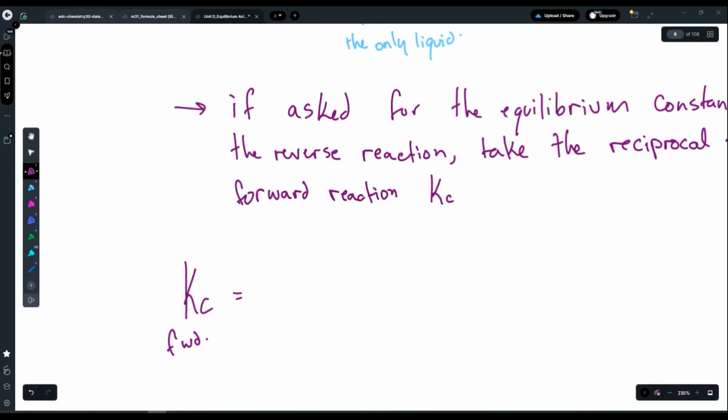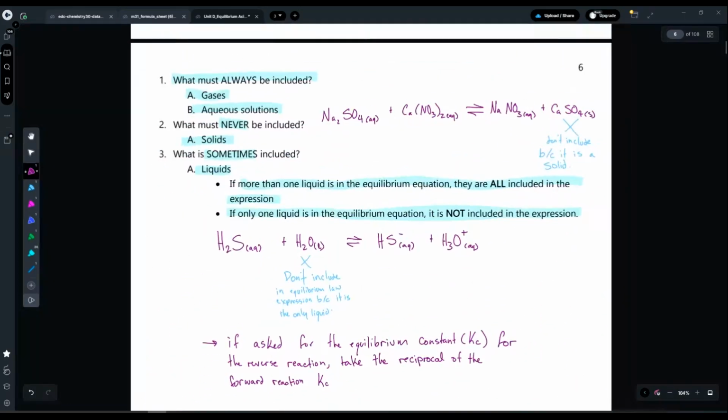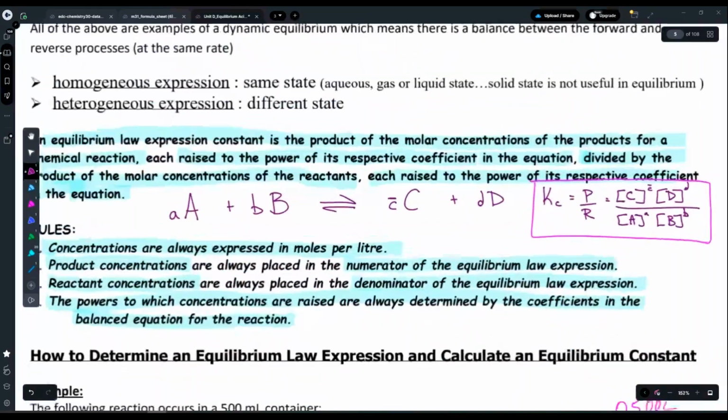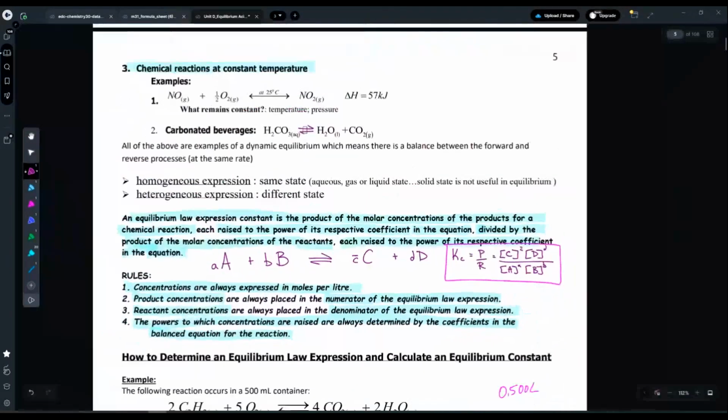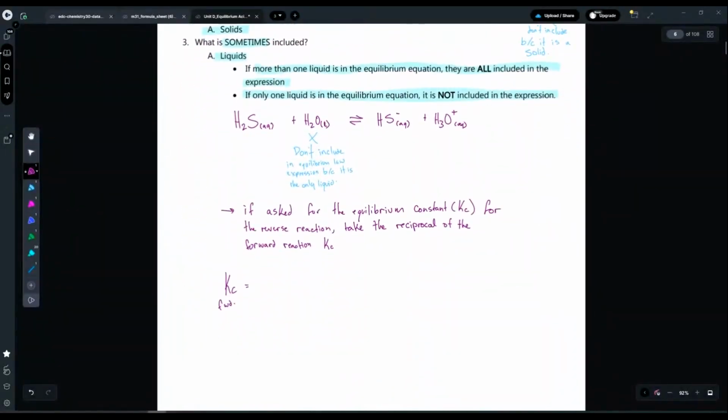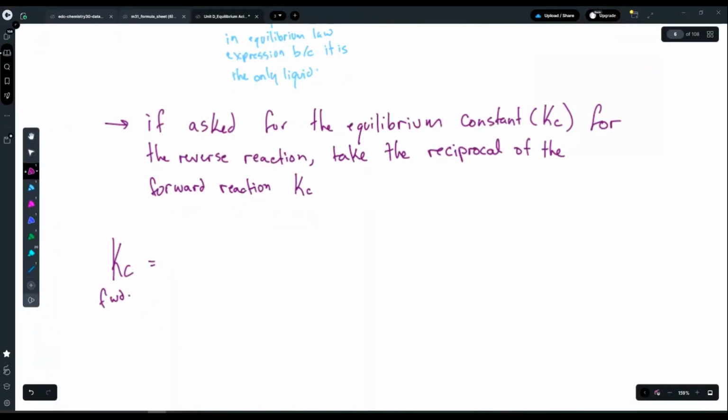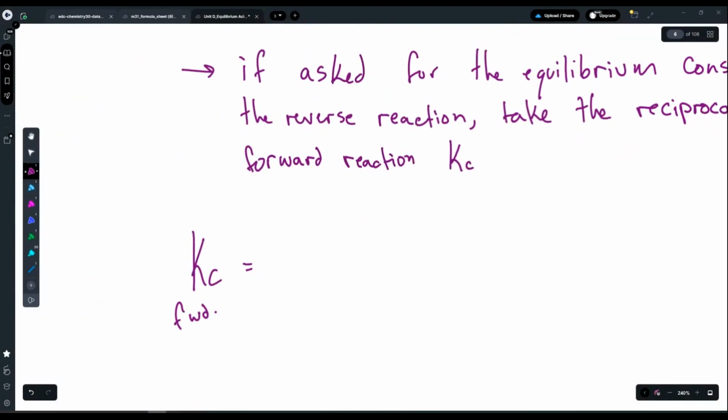Just keep in mind I'm using the template that I wrote out here. My products are substance C and D. My reactants are substance A and B. Remember for the forward reaction, it's always products divided by reactants.